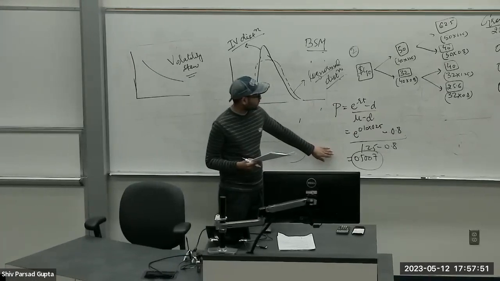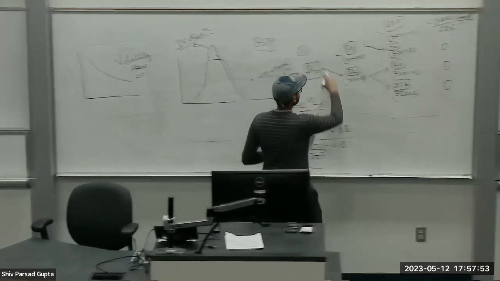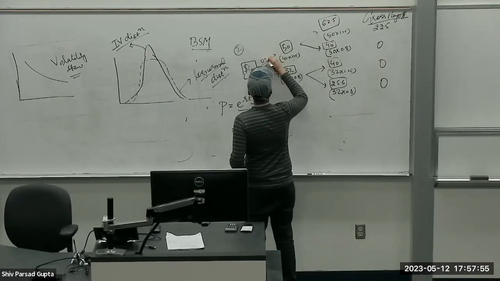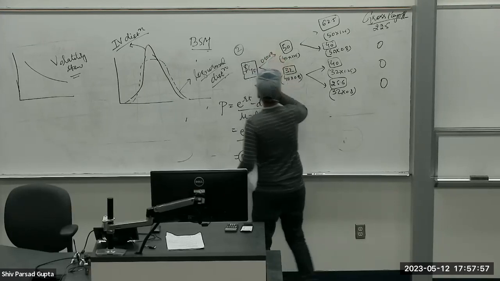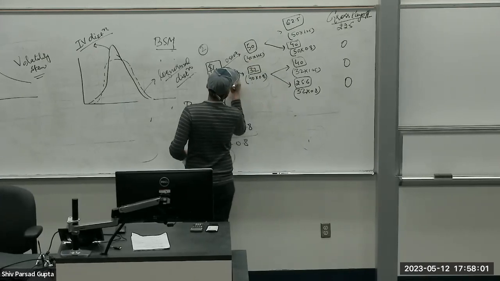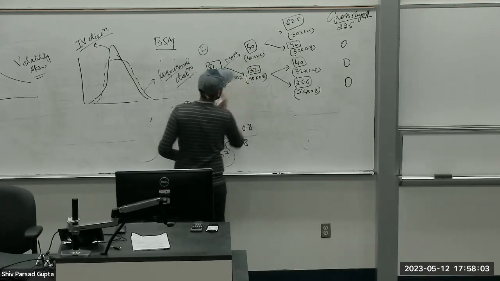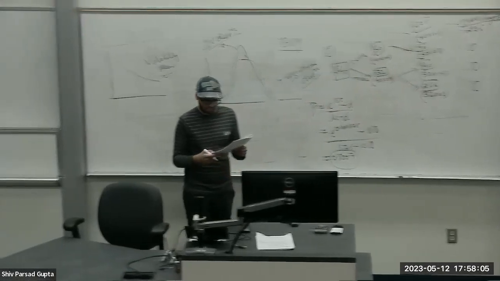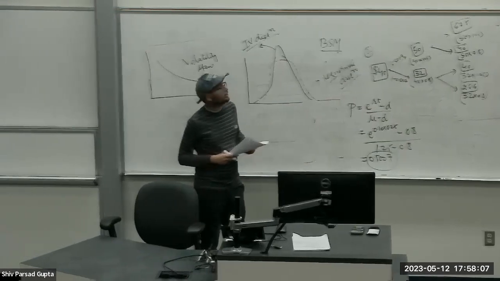Is that clear over here? So the probability for the rise is 0.5007, and for the fall in the price, it will be 1 minus 0.5007.